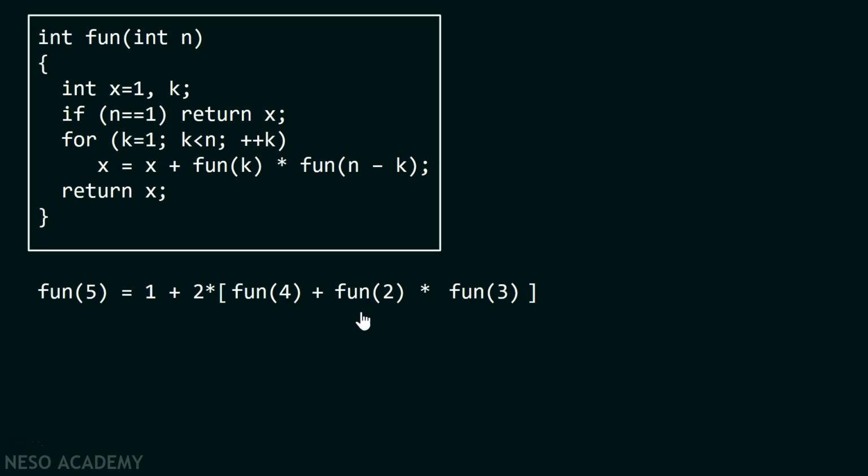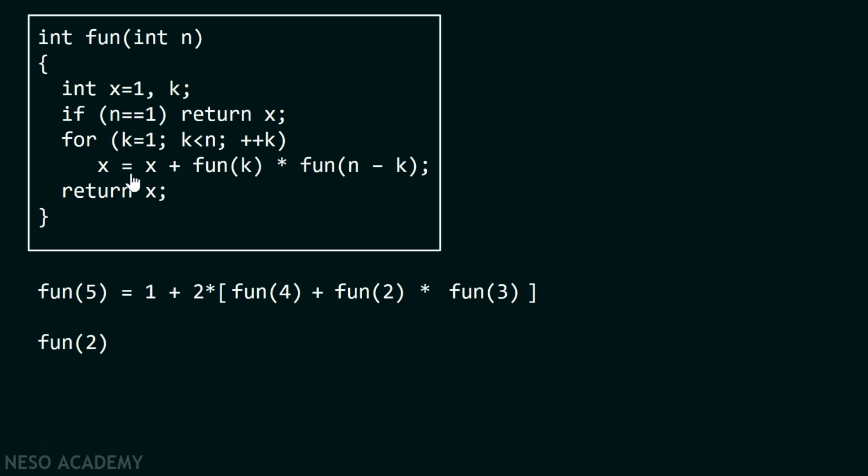Let's first evaluate what this function will return, that is fun2. As n is equal to 2 and this condition is not satisfied, we will run this for loop from 1 to 1, right? That means this loop will run only one time. And as we know, the output of fun2 will be the value of x, right? Let's evaluate this statement for k equals to 1.